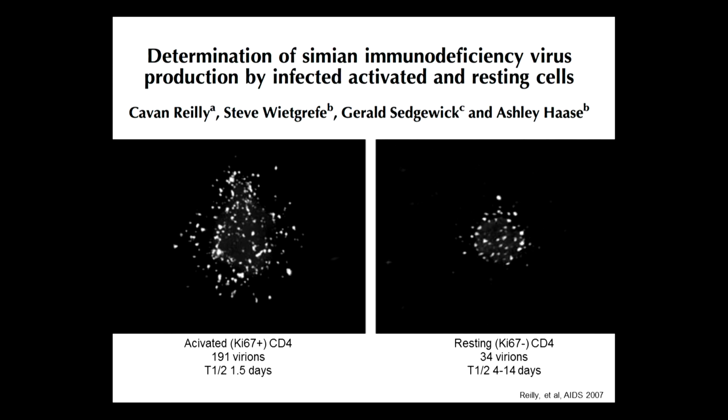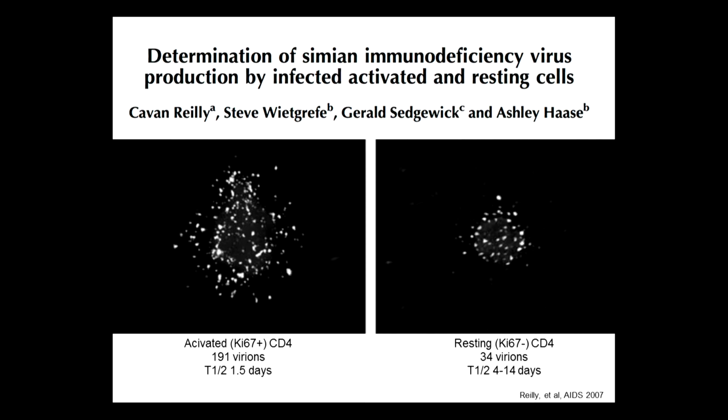And what you see here is the picture I just showed you: a very large cell with this cloud of virions around it. I don't know if you can appreciate it in these lighting conditions, but this cell is much smaller with a much smaller cloud of virions around it.